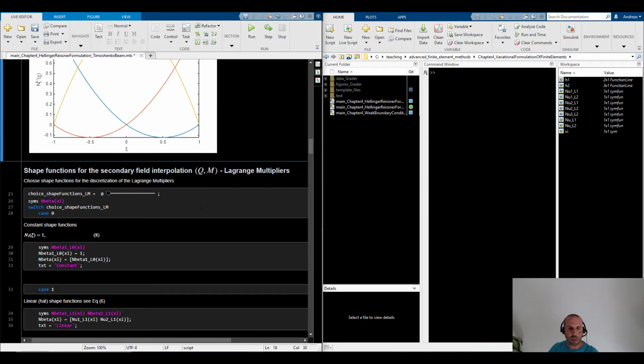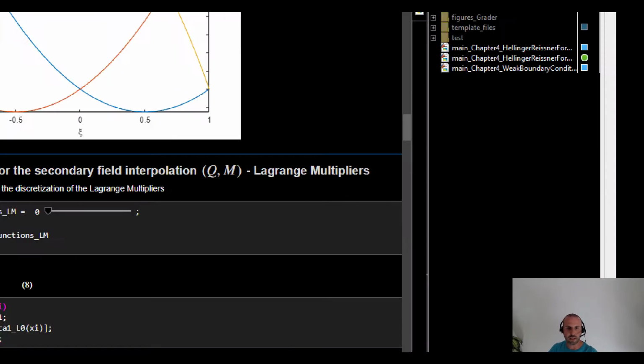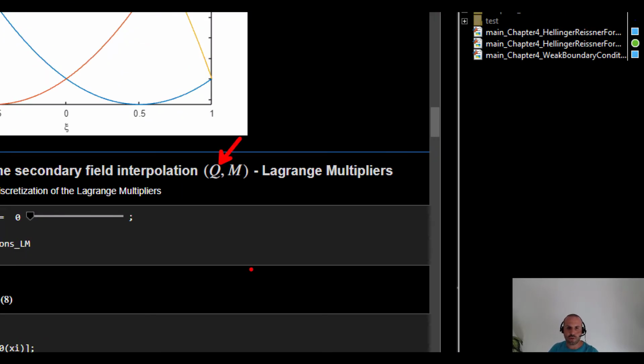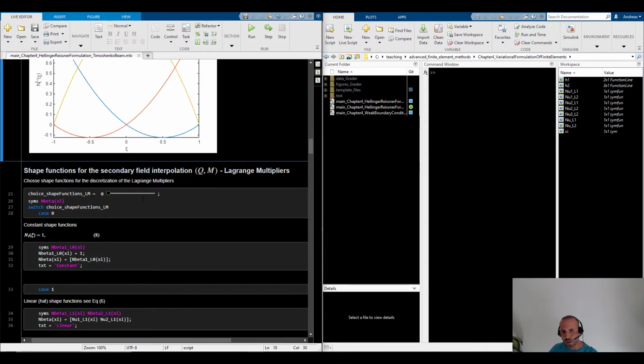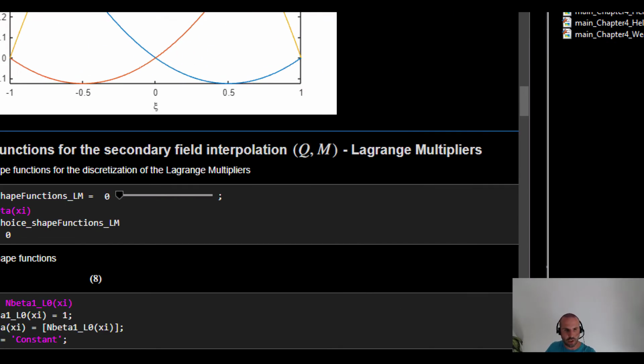The next thing we're going to do is to choose a discretization for the Lagrange multipliers, which are, in this case, the reaction transverse shear forces and the reaction bending moments. We can actually use different discretization rules for both of these Lagrange multipliers, but in this case I would like to keep it uniform, and we can choose a discretization that is either constant with a 0, 1 for linear, or 2 for quadratic.